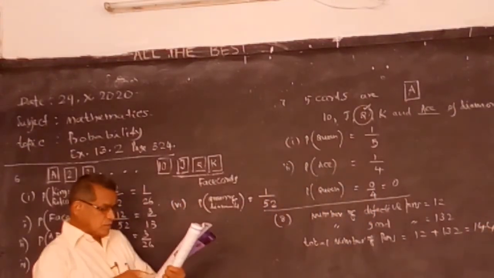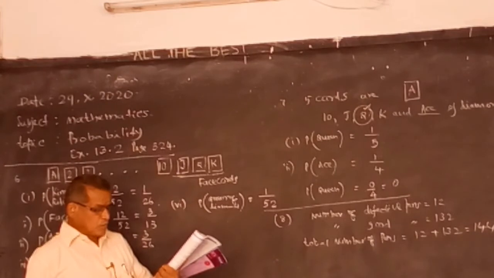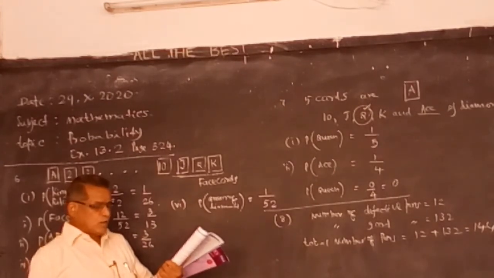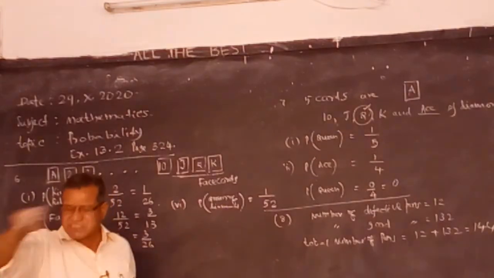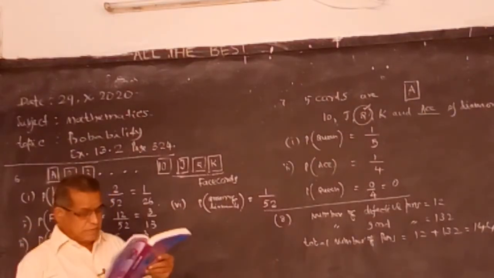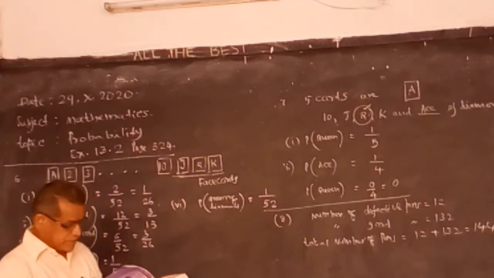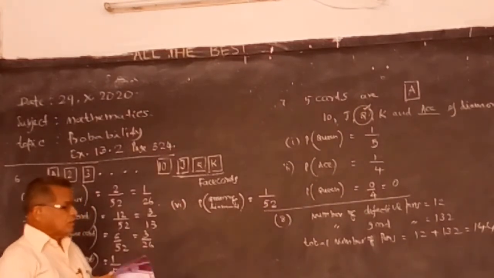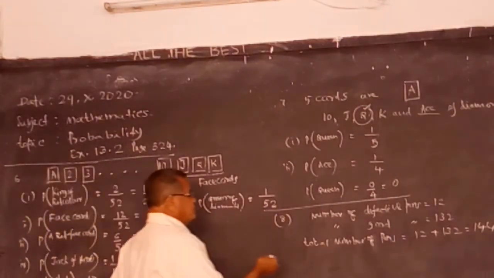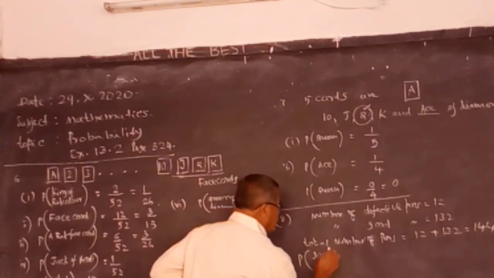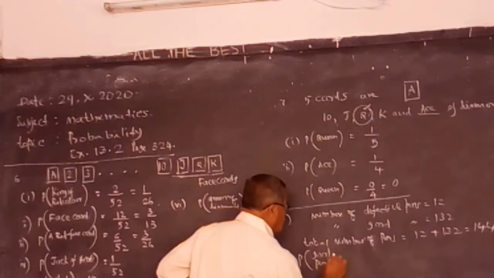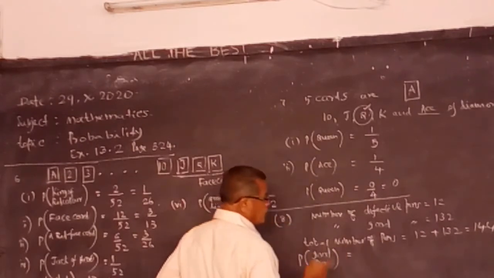Now he is asking in the question, only one pen is taken out at random from this lot. Lot means mixed. Determine the probability that the pen taken out is a good one. It is a very simple question. Probability of a good pen: how many good pens are there?